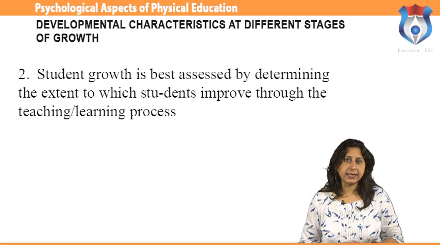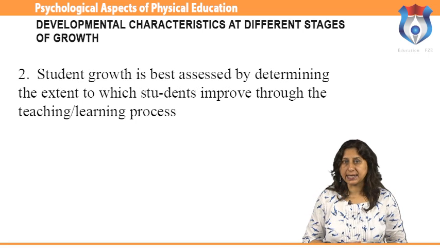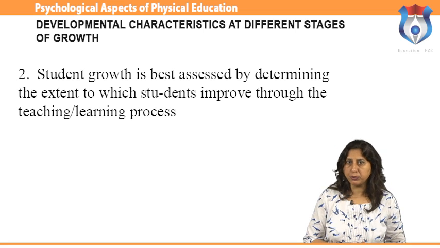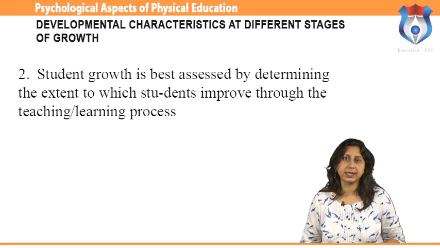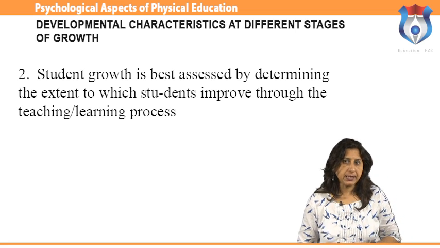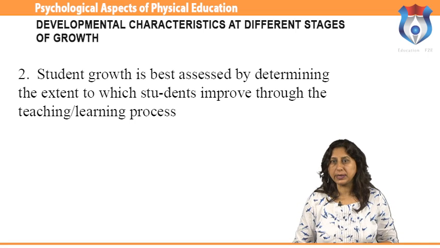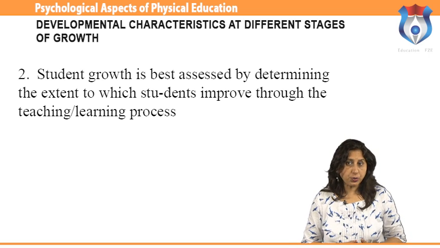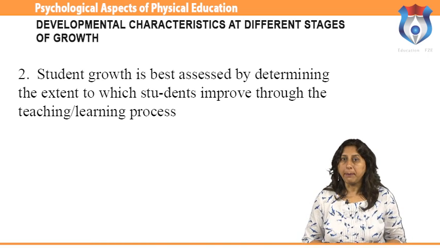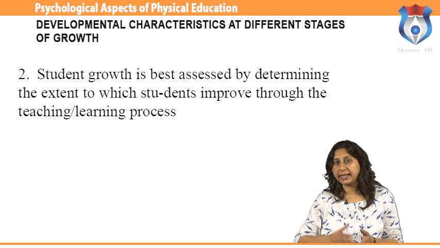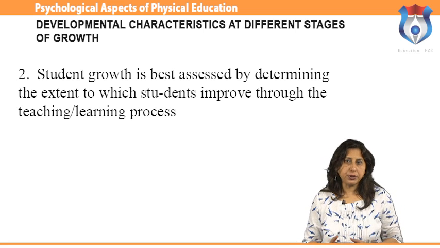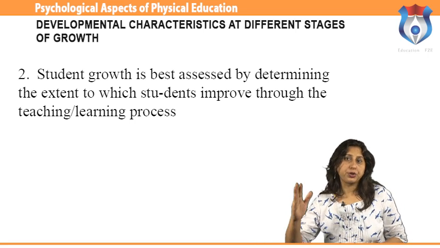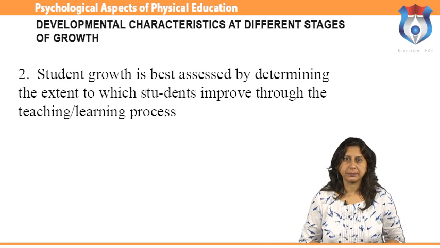Student growth is best assessed by determining the extent to which students improve through the teaching or learning process. Assessments using rubrics aligned with the state physical education standards were created. The student achievement levels are measured before instruction and again after instruction to demonstrate student growth through the teaching learning process.